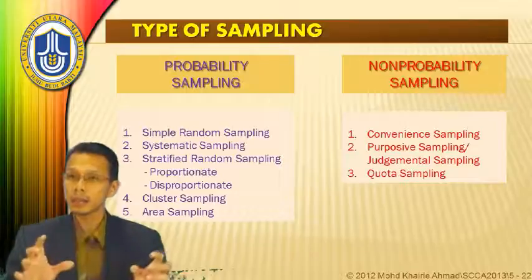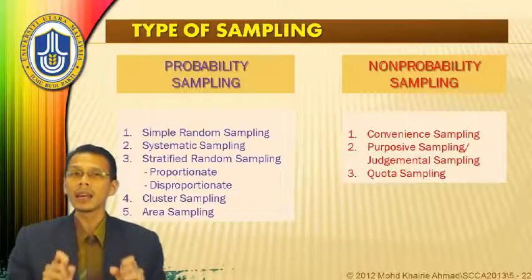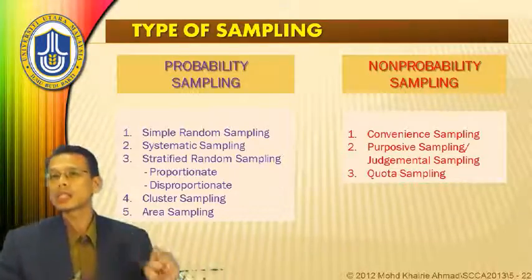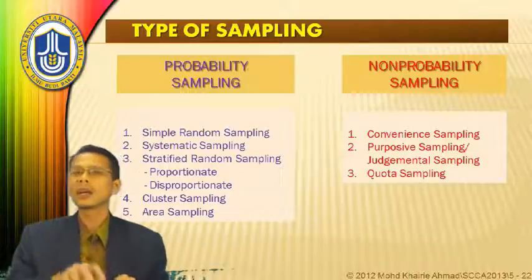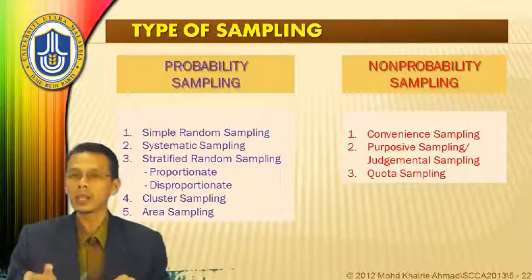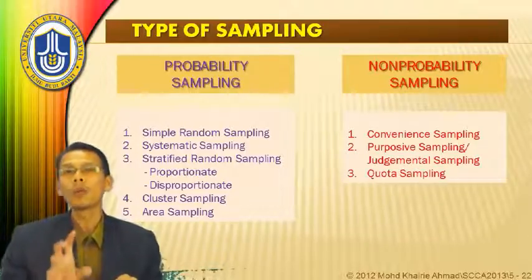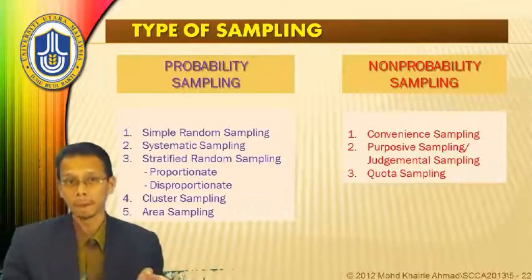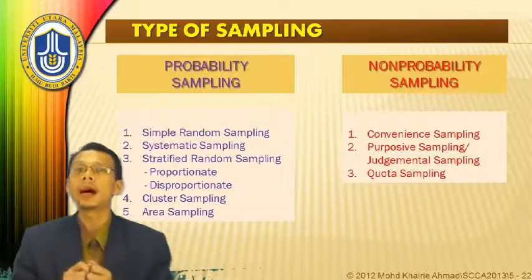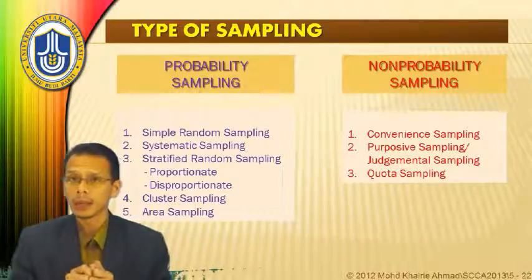After we set the numbers, we will just choose anyone from the population until we have enough numbers of sample. That is what we mean by quota sampling.